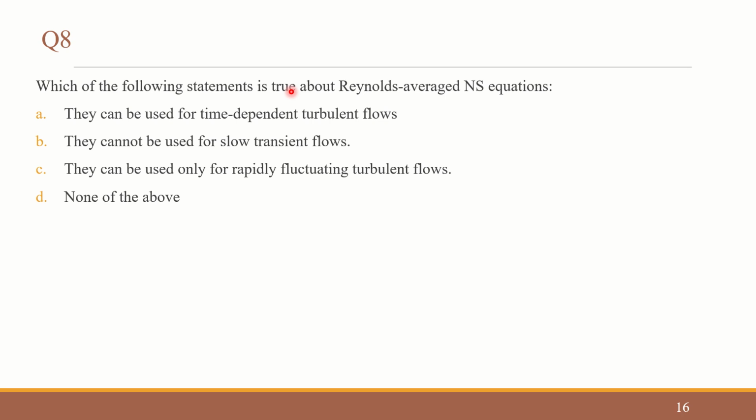And the third one, they can be used only for rapidly fluctuating turbulent flows, is also false, because we cannot restrict the use of RANS equations to only rapidly fluctuating turbulent flows. So B and C are false, whereas option A is true. Looking at the options, option A is the right answer.